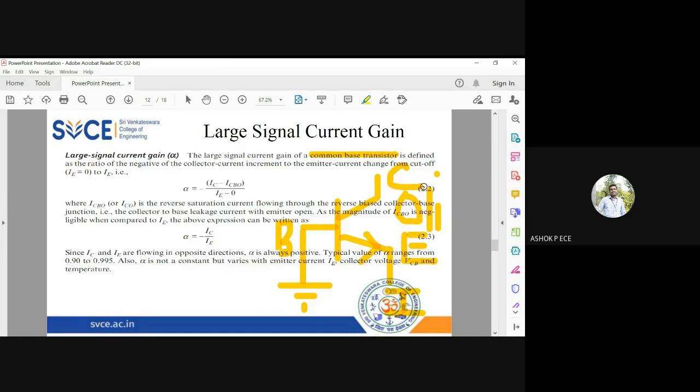For that leakage current I am introducing this term ICBO. ICBO is the reverse saturation current I0 obtained from the collector base junction, so it is called ICBO. So alpha is equal to minus IC by IE.